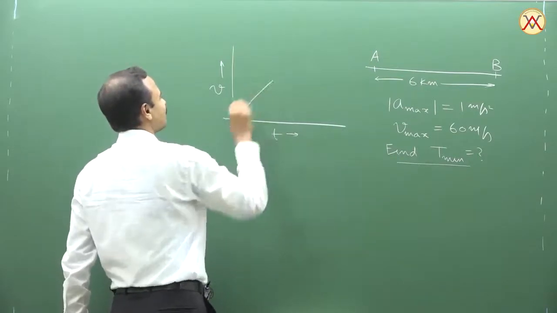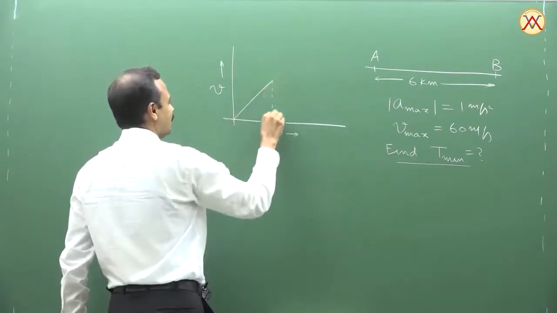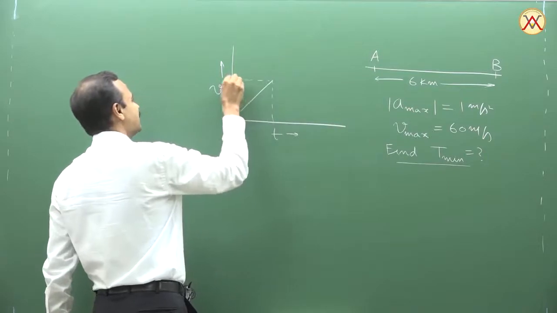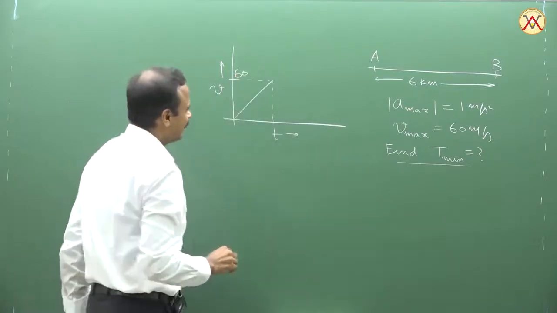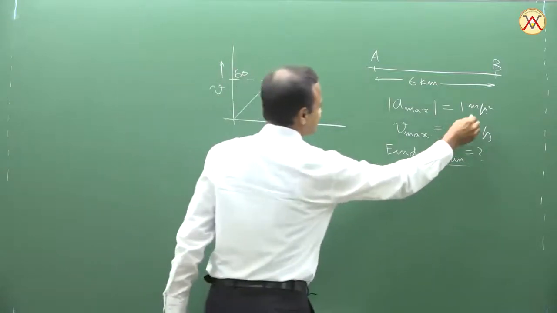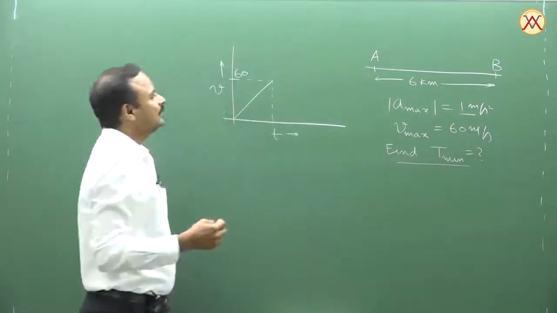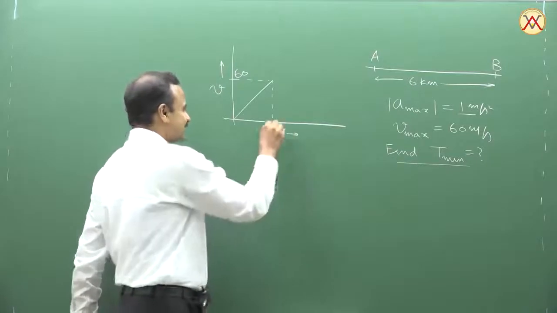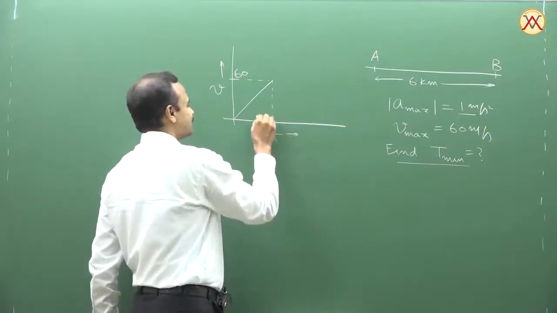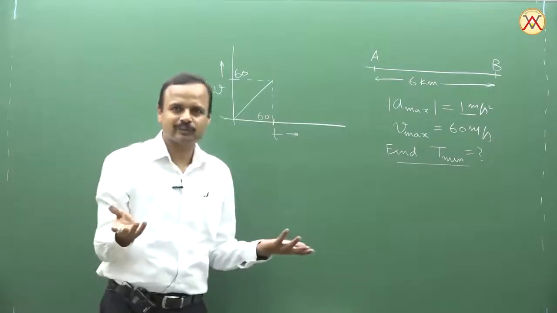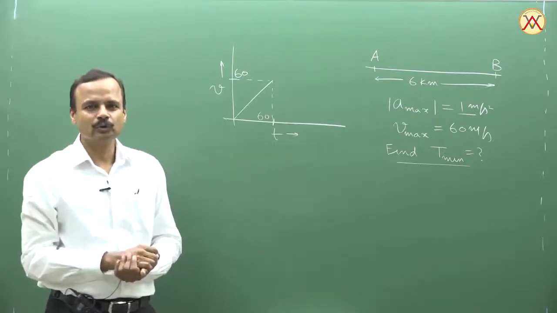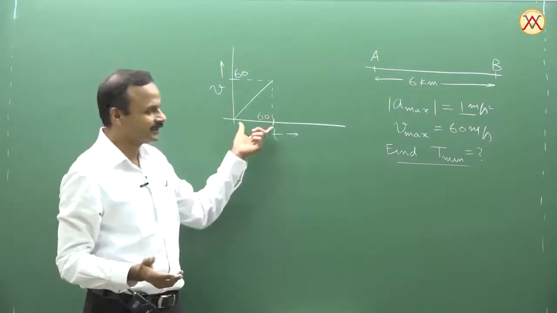The graph will look like this. This is the maximum speed, 60 meters per second, and because the acceleration is 1, it will take 60 seconds to attain this maximum speed. You can apply the first equation of motion, v is equal to u plus at, to get this time here.